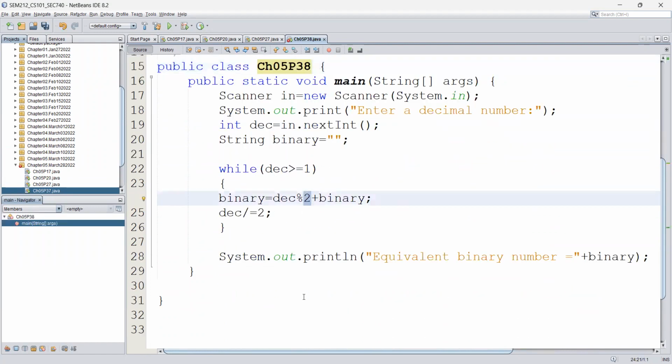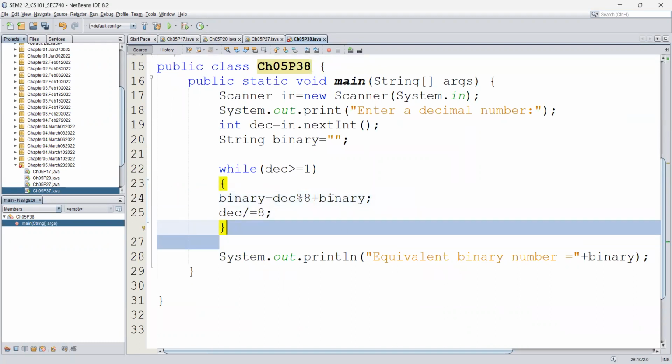Previously we were dividing by 2. Now because it is octal, we have to divide by 8. And that is the only thing. Nothing else. You can change binary into octal. Wherever binary is written, just change it to octal.